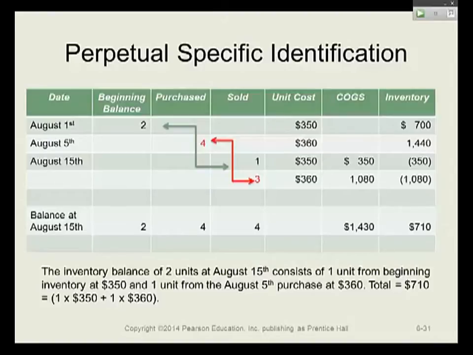But I would have to tell you that out of those 4 units, 1 was sold from the August 1st batch, and 3 were sold out of the August 5th purchase. Okay? Now we're going to continue this illustration, but questions on specific identification should be, I think, relatively easy because everything's right there. I mean, you're given the information.